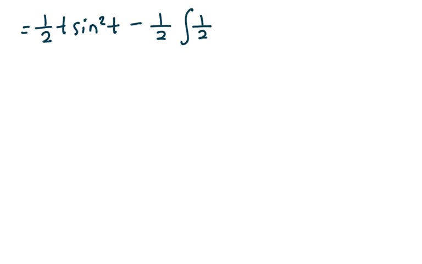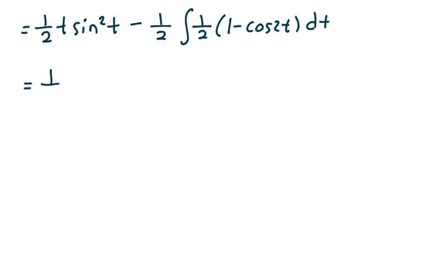And so this is going to be 1/2 t sine squared t minus 1/2 the integral. Now, sine squared t can be written as 1/2 of 1 minus cosine 2t dt.